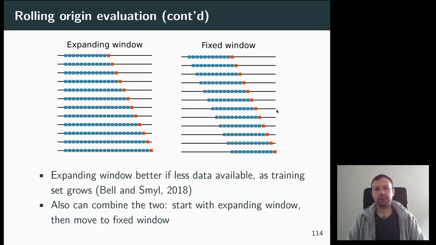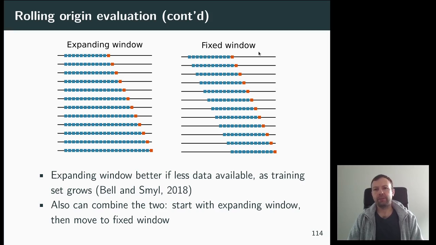Yeah, so just some other ways of how to do things. There is this two-fold variation on the rolling origin evaluation. One is this expanding window, where your time series grows and grows with every data point and gets longer.